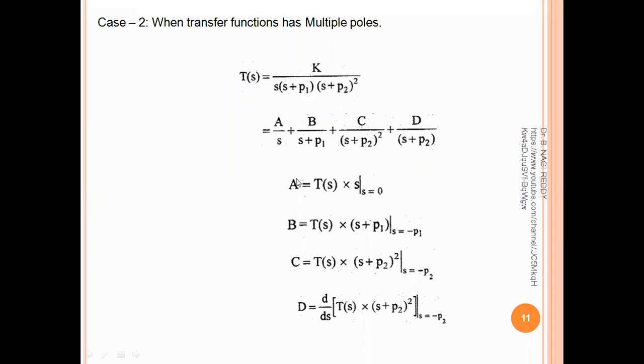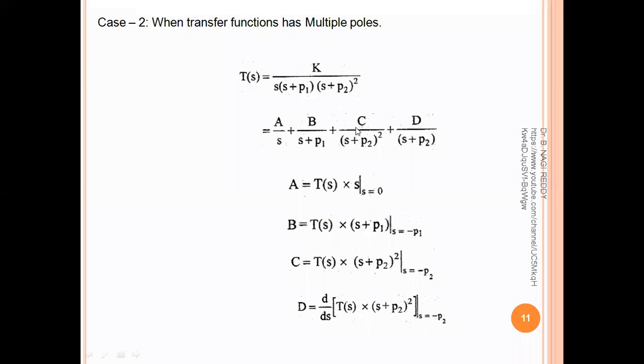So substitute s equal to 0 in this transfer function multiplied by the s term so that we will get A, the same way we have seen in case 1. Similarly, to calculate B, we multiply the transfer function by s plus p1 and substitute s as minus p1 in this equation in order to obtain the B value.